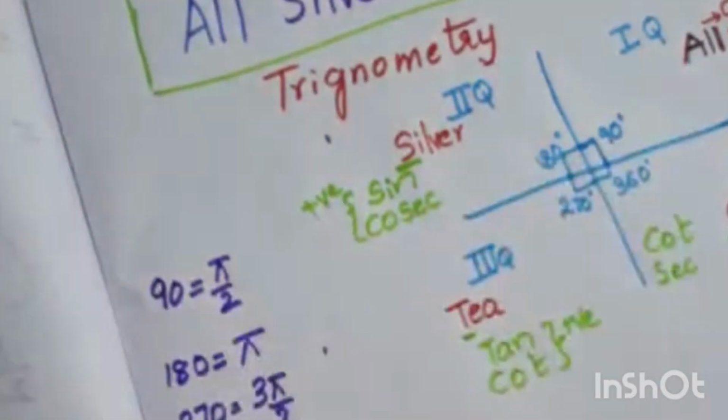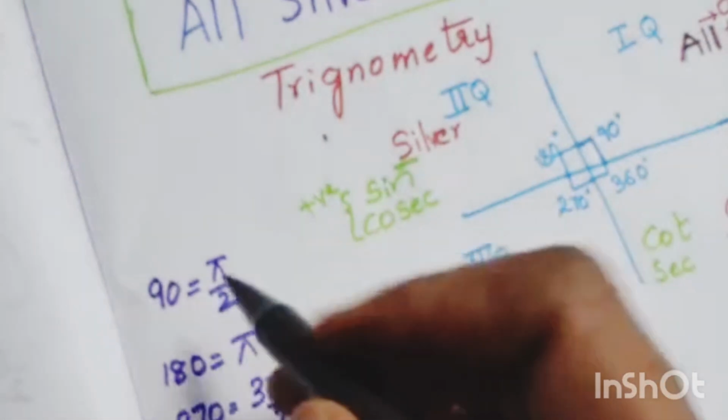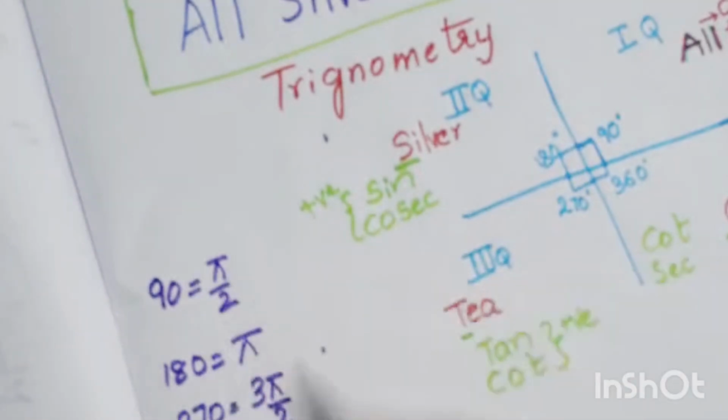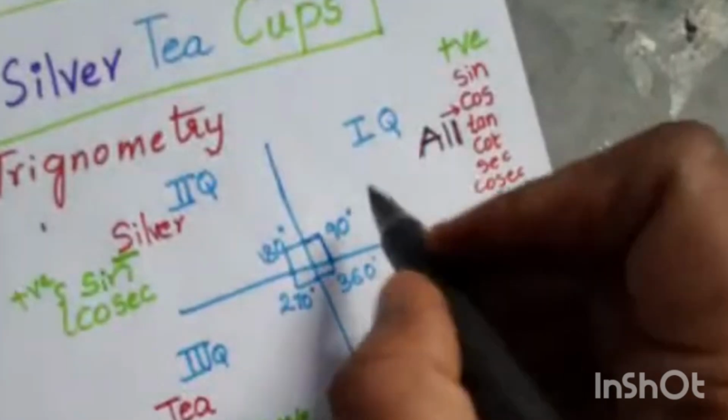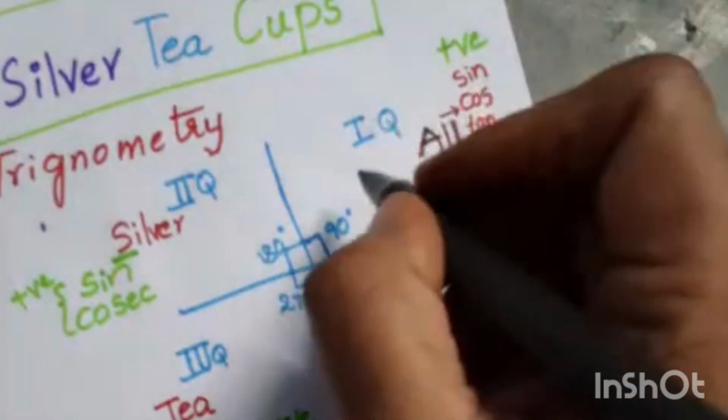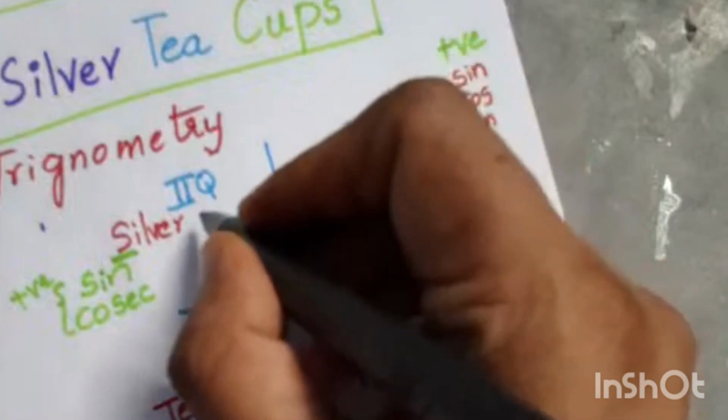So these are the angles. When we get pi by 2, pi, 3 pi by 2, 2 pi in this way, this is 90, 180, 270, 360. So from here we have to start and go like this.